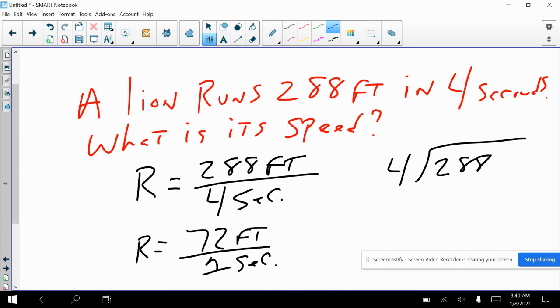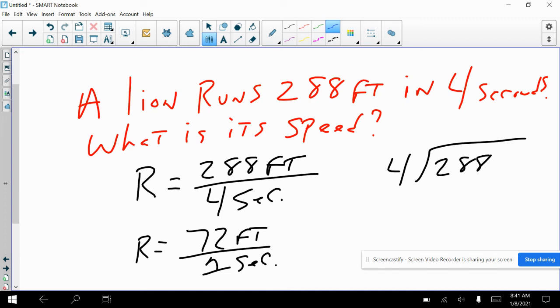Any questions about finding distance or finding rate? Distance, obviously, you're going to multiply, possibly cross reduce. When it comes to the rates, you're going to divide. Again, you got to know you're going to have to divide decimals like we did in chapter 3. You're going to have to remember to move the decimal to the right in the divisor and the dividend and make sure that you divide correctly.